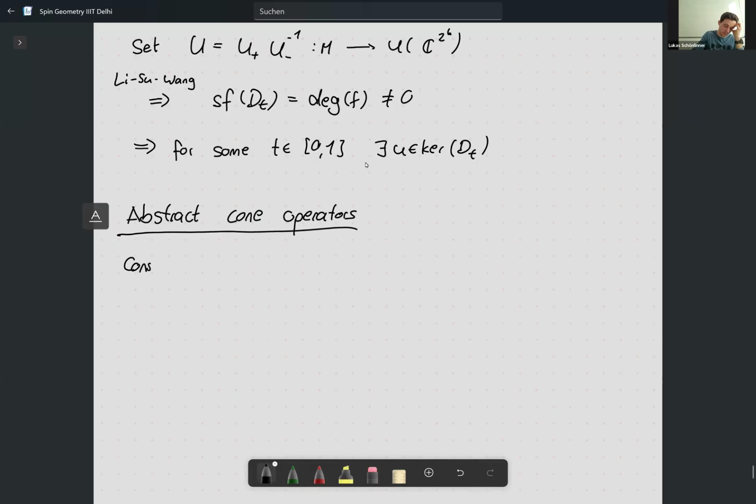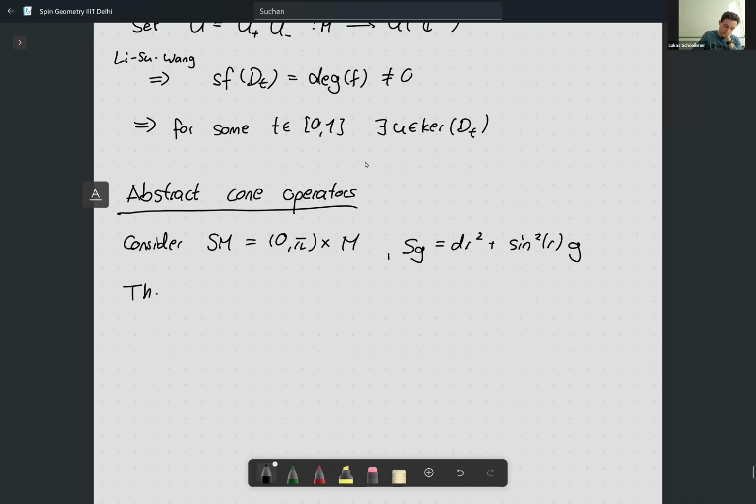So let's consider the spherical suspension as above. Just as a reminder, this was this cylinder with metric dr squared plus sine squared r g. You can do the same thing with this generalized cone metric, but for simplicity, assume that we are in this setting now.